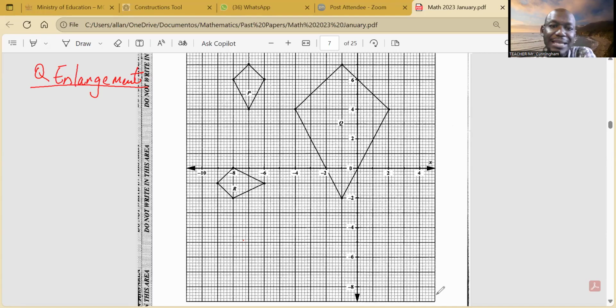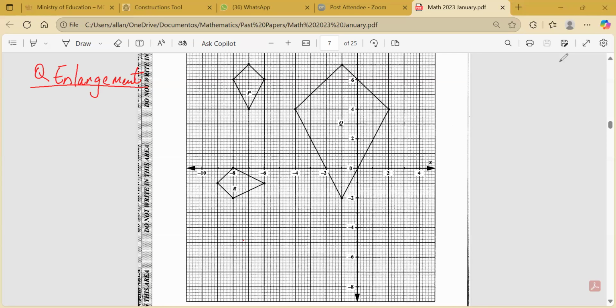I want to look at this enlargement. Now, in an enlargement, and I want you to write this down, taking notes one time, there are three things that you need to look at. Number one, by how much the shape is enlarged.